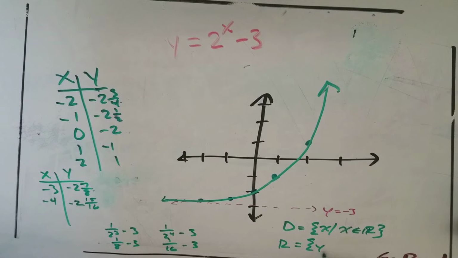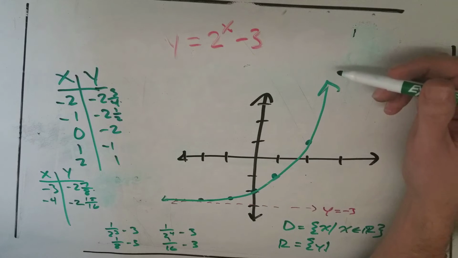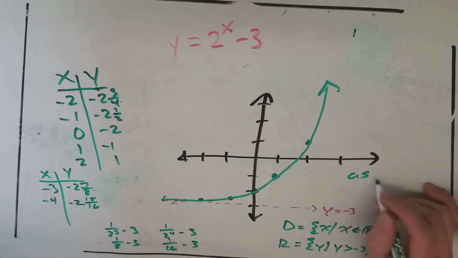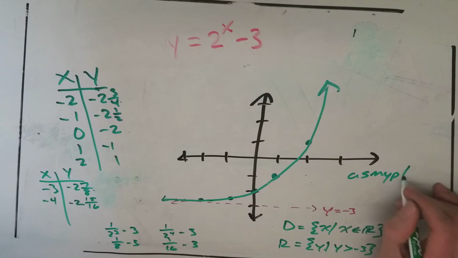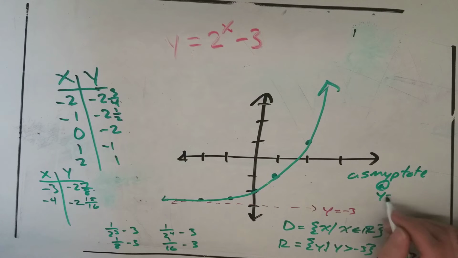Our range is going to be all values y, and we're never going to be below y equals negative 3, but we are above y equals negative 3. We never are going to touch it though. So y is anything that's greater than negative 3. There's your range. And we have an asymptote at y equals negative 3.